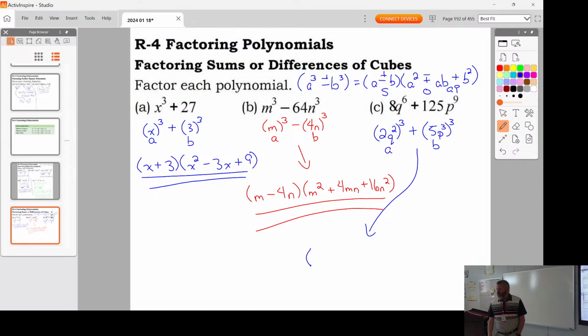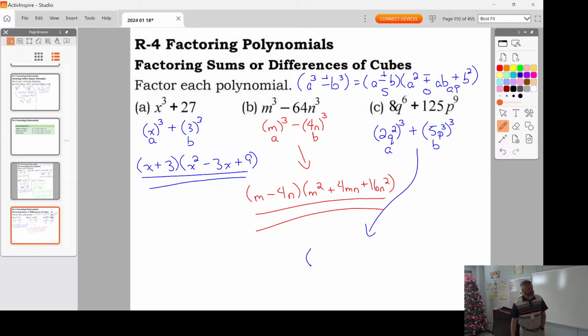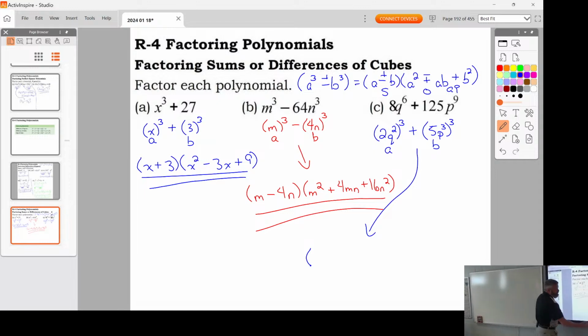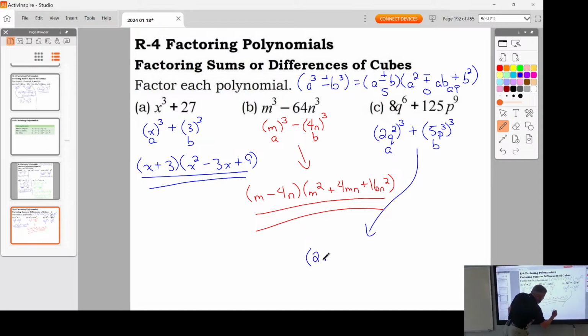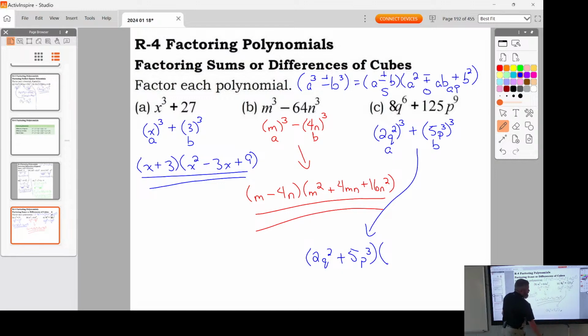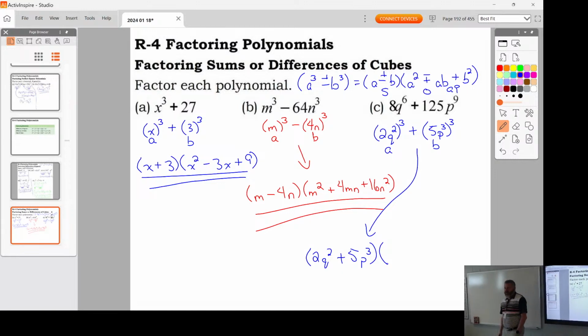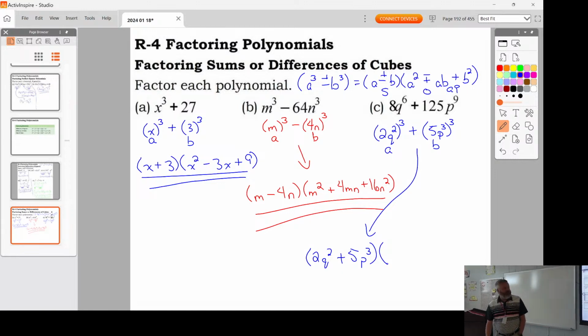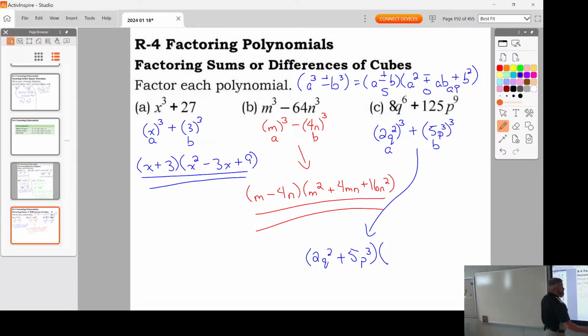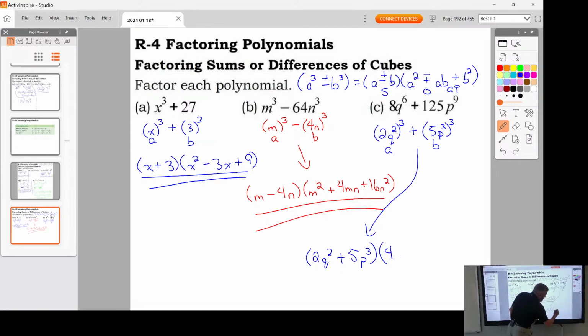Okay. Following the formula, what is my A? 2q squared. This is a sum, so same sign. B is 5p cubed times What is a squared? 4q to the 4th.